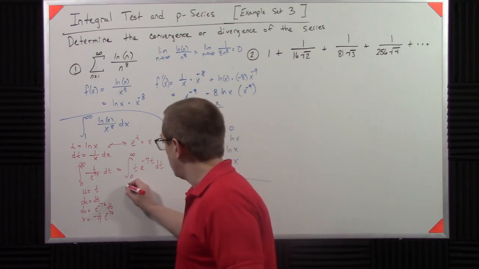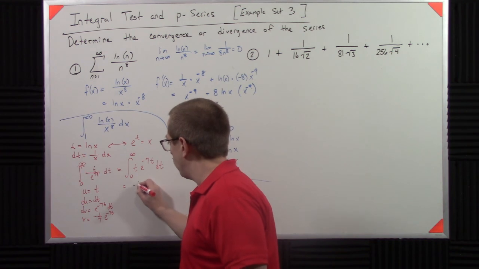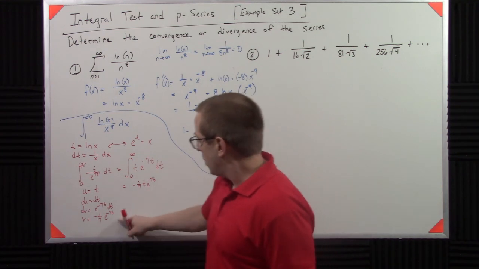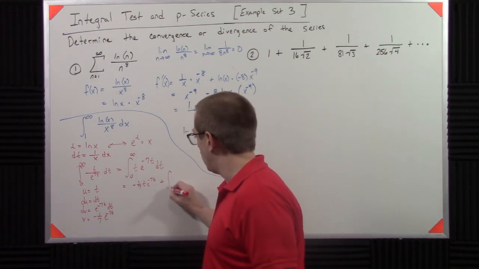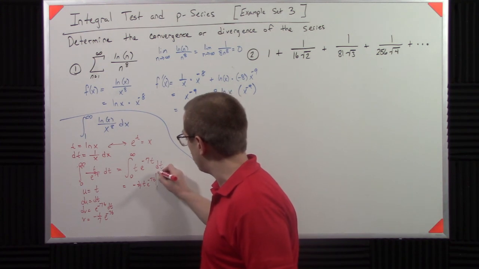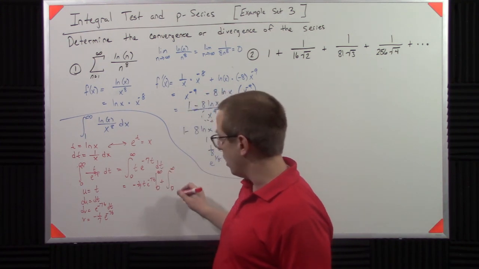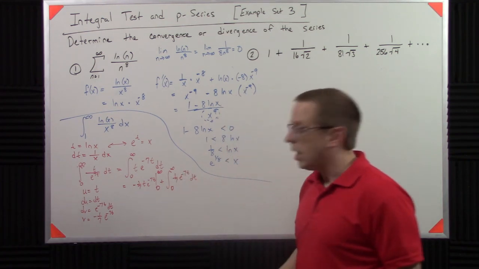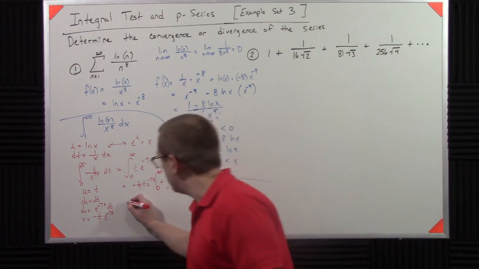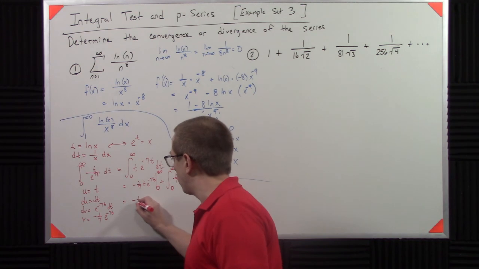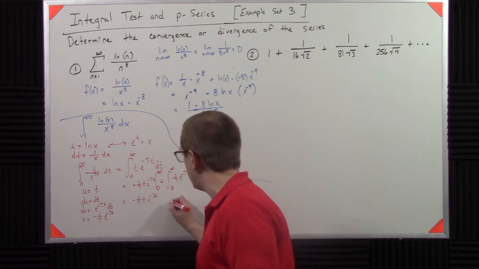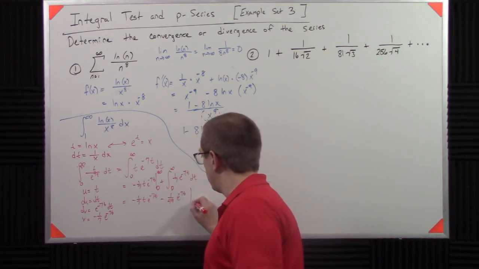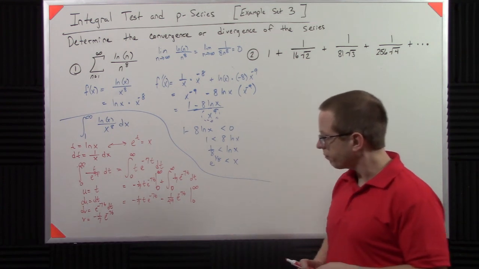That gets me negative 1/7 t e to the negative 7t plus the integral from 0 to infinity of 1/7 e to the negative 7t dt. At which point I can integrate one more time. Negative 1/7 e to the negative 7t minus 1 over 49 e to the negative 7t from 0 to infinity.